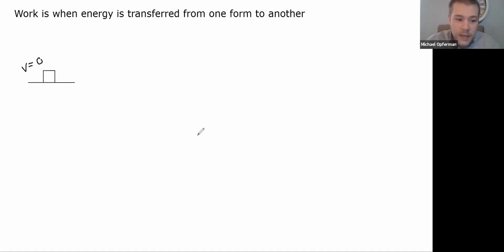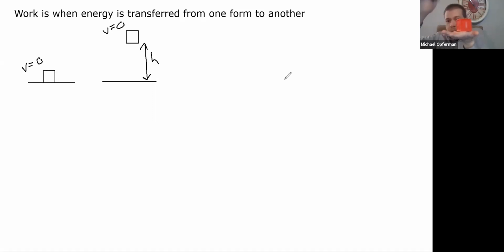My final state, like I described, is that the block is now lifted up to a certain height above the surface, and it is once again at rest because I'm just holding it stationary. So again, the process I'm describing, initial state is this, final state is this.